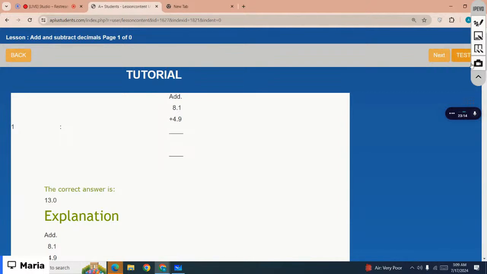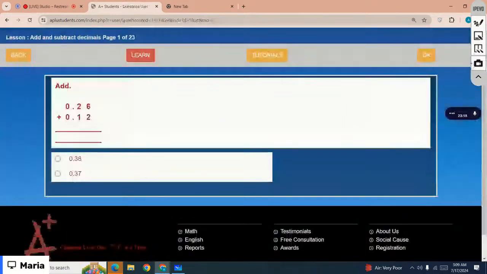What's wrong with the lesson? 0.26 plus 0.12 equals 0.38.